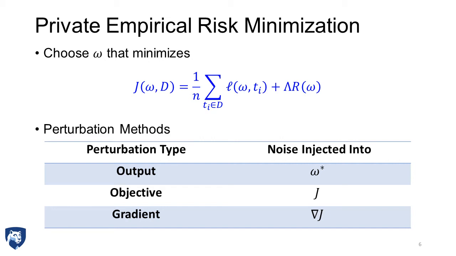Noise can be injected directly into the output parameters, into the objective function, or into the objective function's gradient. Within this investigation, we choose the latter approach with special accommodations for fast convergence.